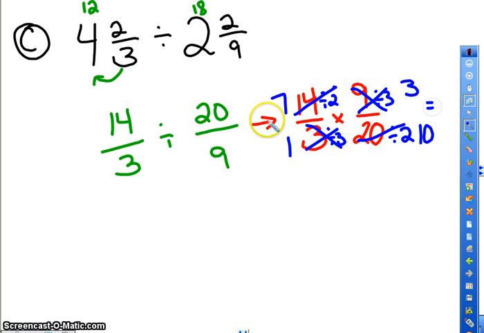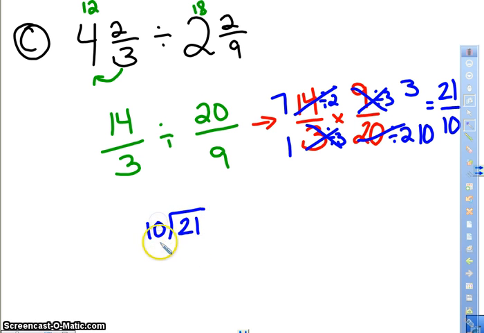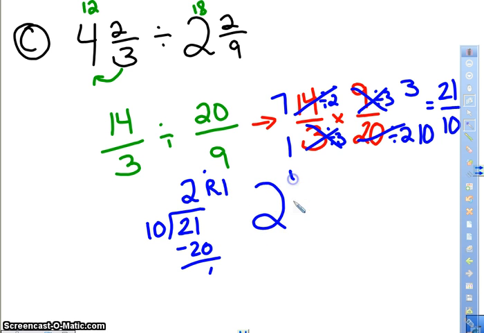When I multiply across, I get 7 times 3, which is 21, and 1 times 10, which is 10. Okay, so I'm going to change that into a mixed number. 10 goes into 21 2 whole times with a remainder of 1. So that would be 2 and 1 tenth.